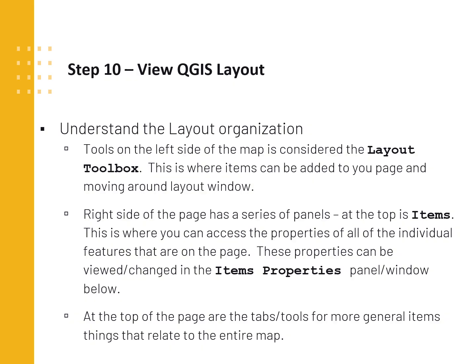At the top is the items, and this is where you can access properties for all of the individual features that are on your page. These properties can be viewed or changed in the item properties that appears in one of the panes below. At the top of the page are additional tabs and tools for more general items that are basically relating to the entire map.